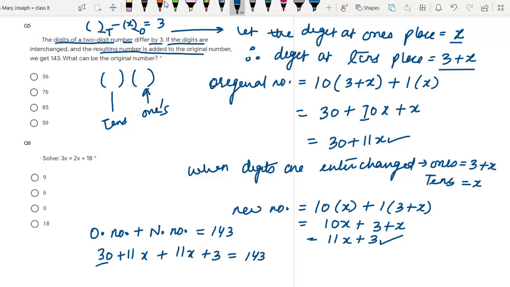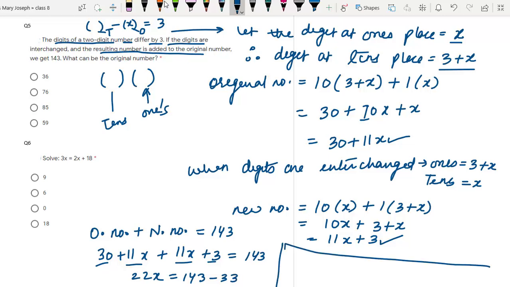So 30 plus 3 is 33. 33 will be taken to that side, and 11x plus 11x is 22x is equal to 143 minus 33. Finally, what will we get? X is equal to 143 minus 33 is 110 upon 22.